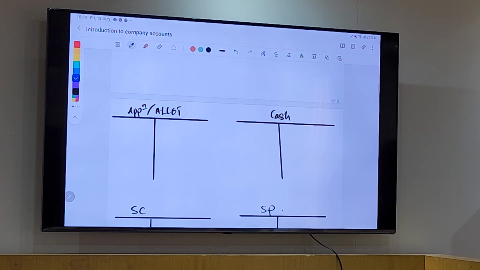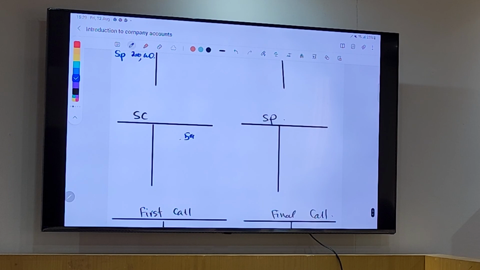Application. First, how much we received? Then we allot. We allot how much? Share capital 500,000, share premium 200,000. This is share capital. This is share premium.